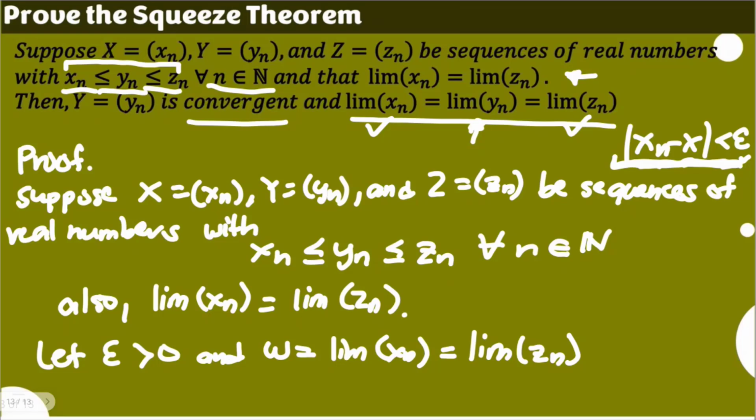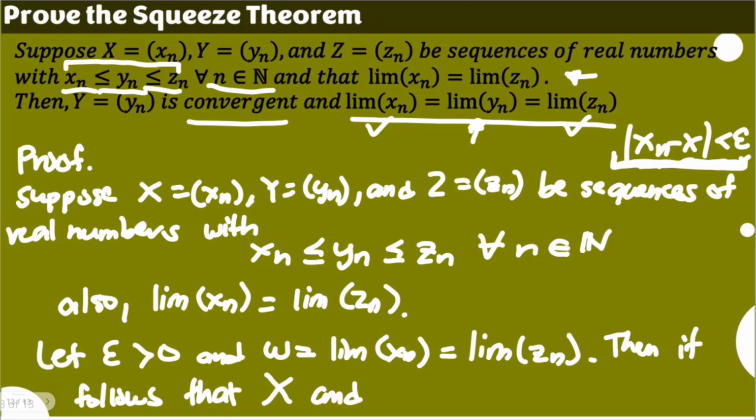Okay, so we're doing this representation so that we could return to this per definition, because if epsilon is greater than 0 and the limit of x sub n and z sub n is equal to w, then it follows that x and z converges, definitely it converges to w, because w is the representation of the limit of their sequences.